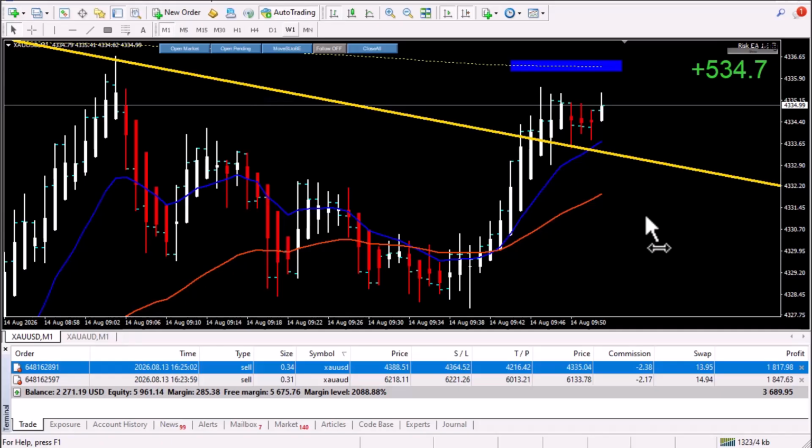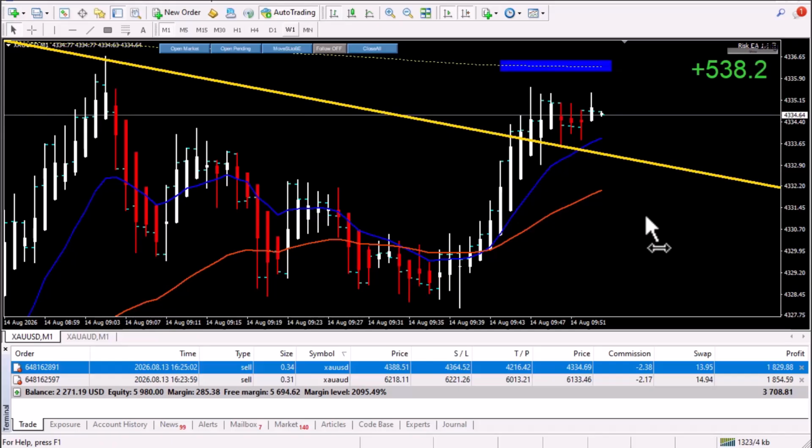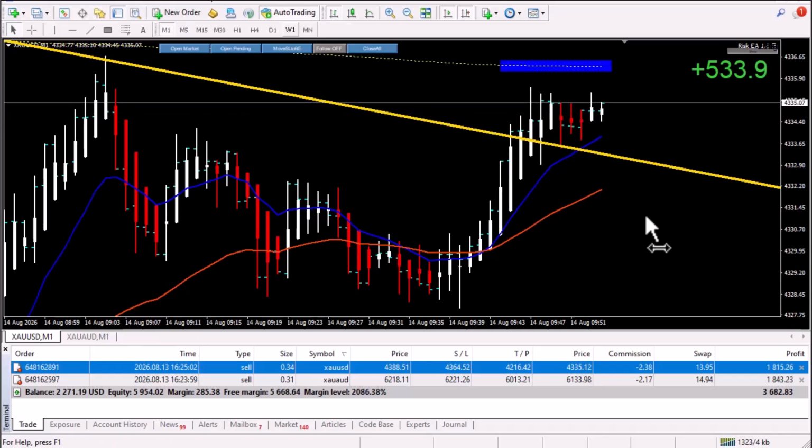Sometimes we get a reversal signal, but it does not go as we expect, and we close at a small profit because we do not have patience. So in trading, patience is really very important, both when waiting for a good setup and, once you take a setup, waiting for that setup to play out.